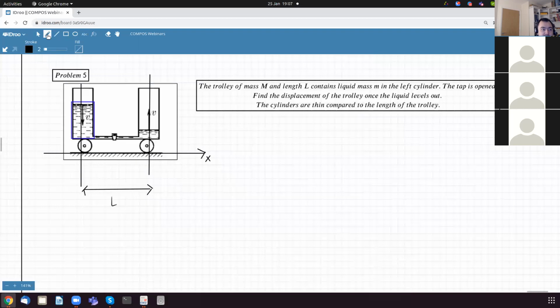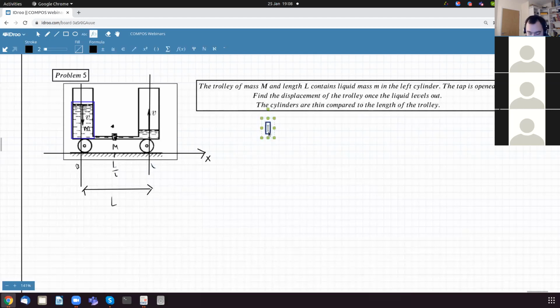And there's a mass of water M present here. The center of mass of the trolley is somewhere here, and its position is L over 2. This is 0, and this is L.